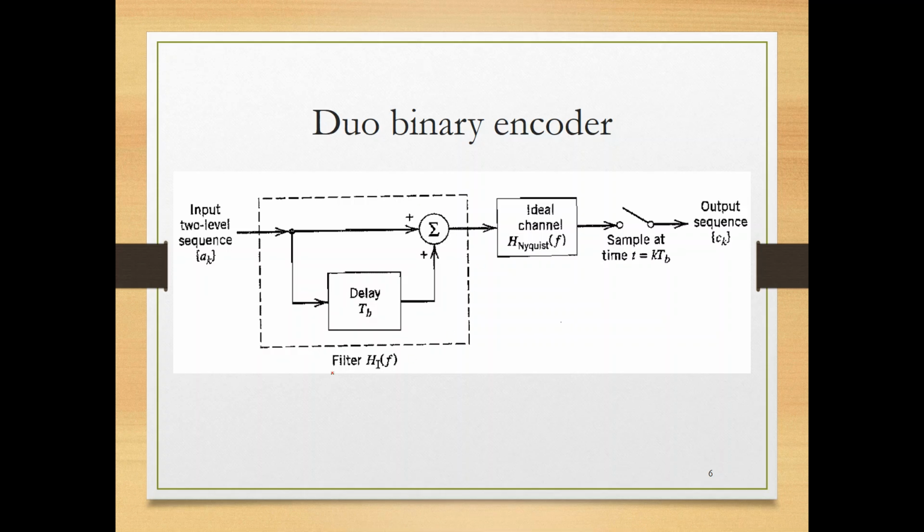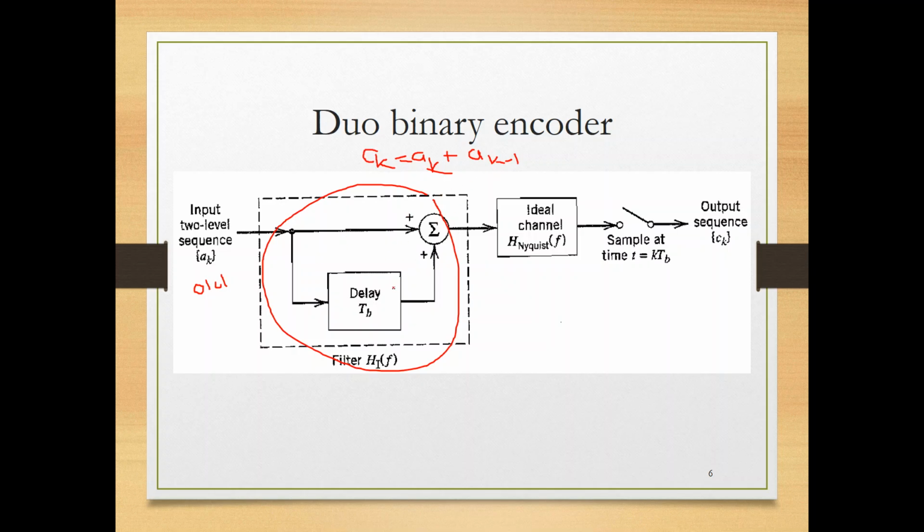This is the structure of the dual binary encoder. You have the input 2-level sequence, AK. What's AK here? BK is a sequence of zeros and ones, and AK becomes +1, -1, because it's after pulse amplitude modulation. Here you have the formula that I just showed you, CK equals AK plus AK-1, where K is the index.